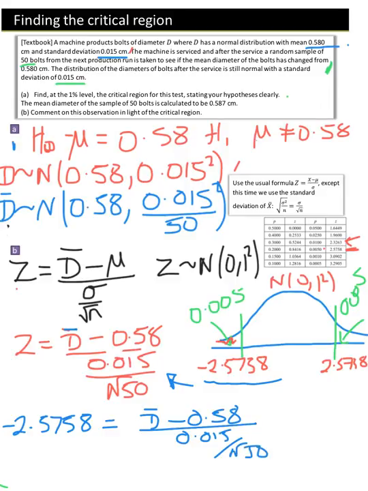And if I rearrange that, I will get my value for D to be 0.5745.